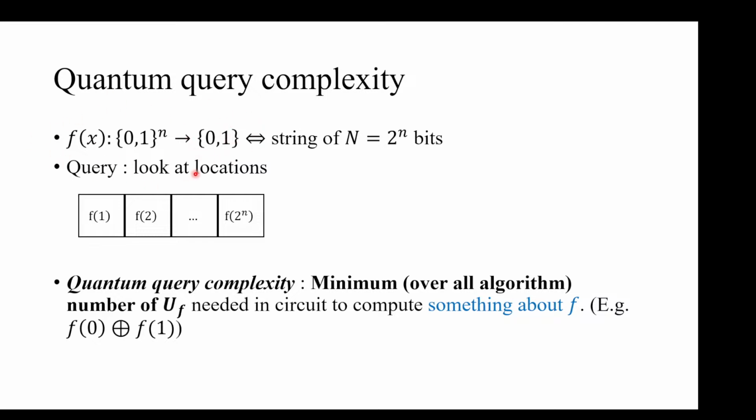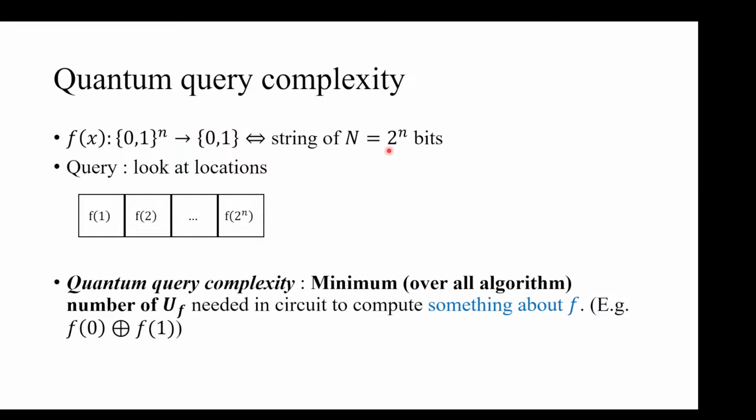In Simon's algorithm we are going to have a function that's not Boolean, but for now let's think about Boolean functions, f: {0,1}^n to {0,1}.